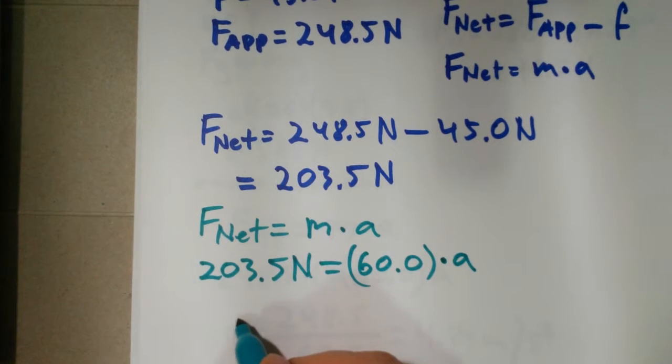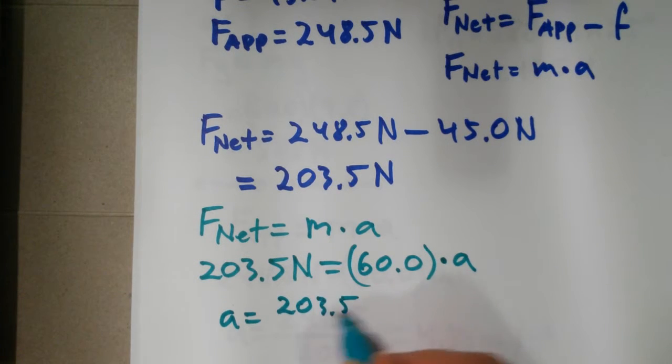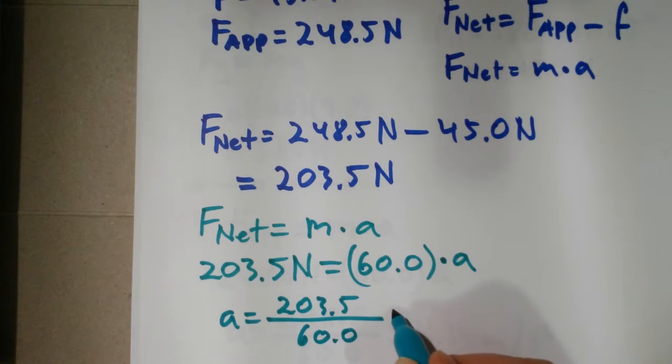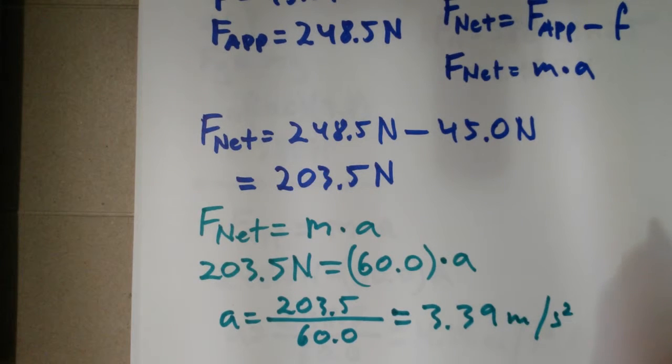So we solve for the acceleration, and acceleration is going to be equal to this 203.5 newtons divided by 60 kilograms. Our answer is 3.39 meters per second squared. So that is, considering friction, the acceleration of the skier down the hill is going to be 3.39 meters per second squared.